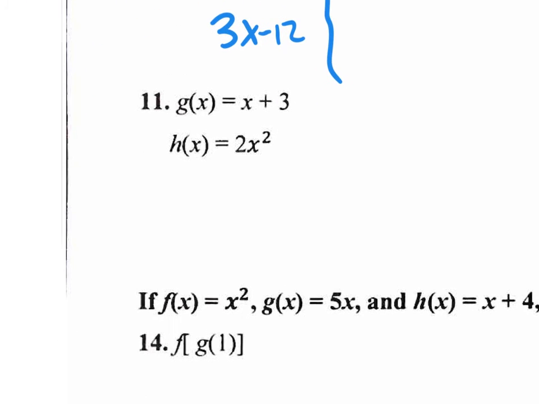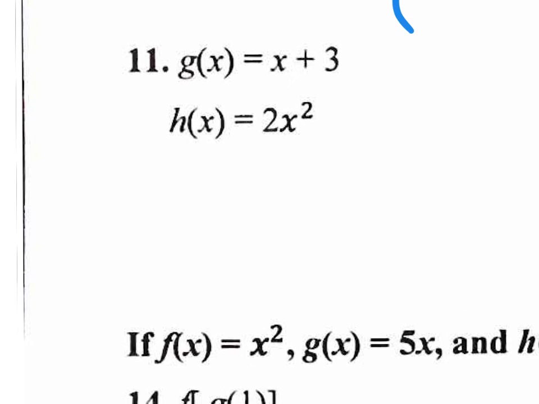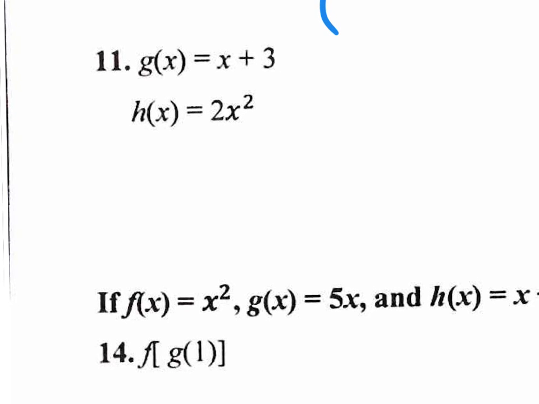Let's do 11. We want to do both g of h of x and h of g of x. Just write it down, g of h of x. Let's plug our h of x into our g of x function. Let's first start by writing our g of x function, which is x plus 3. If this said g of 5, you just plug in a 5 and your answer would be 8.